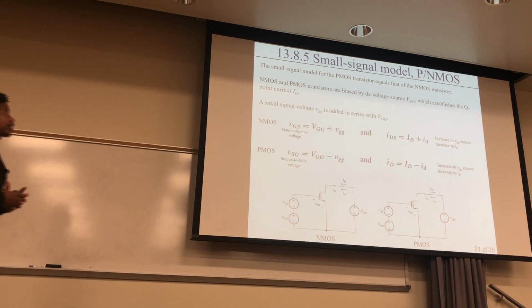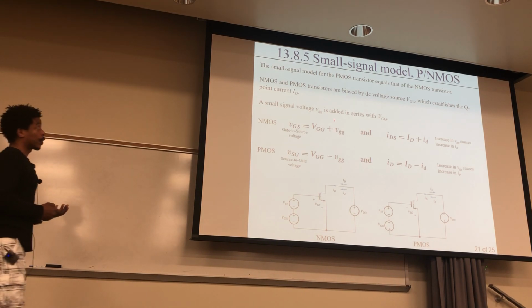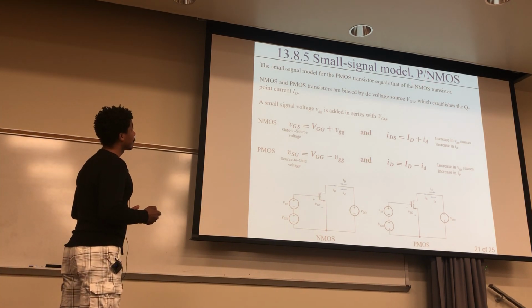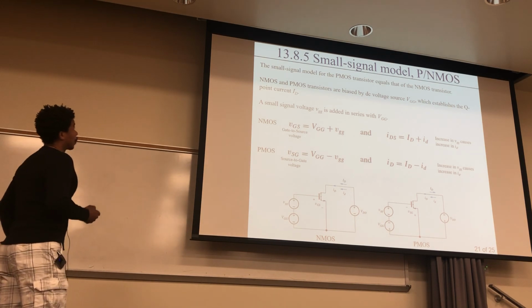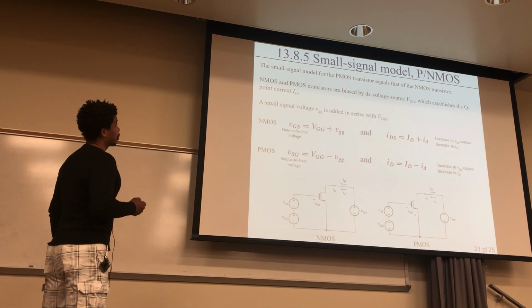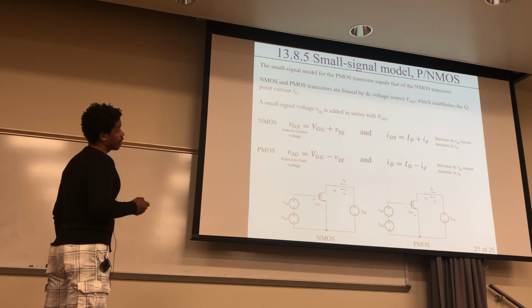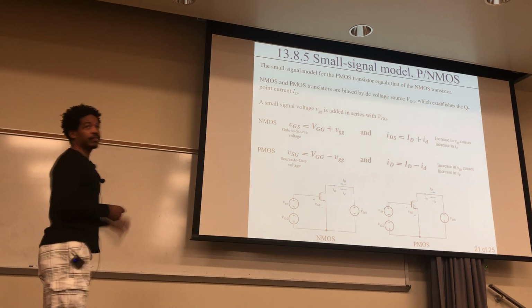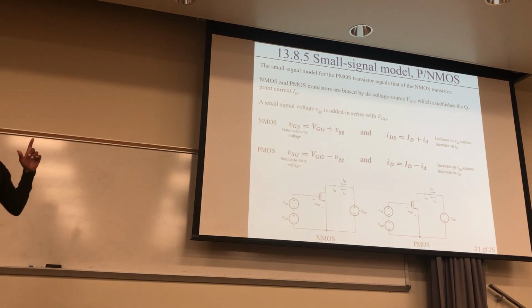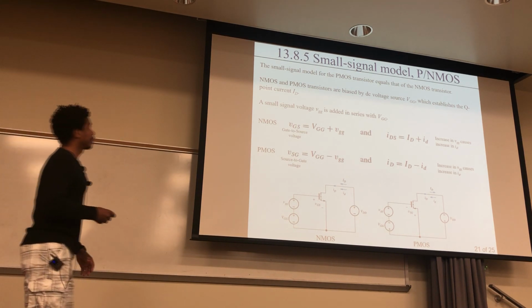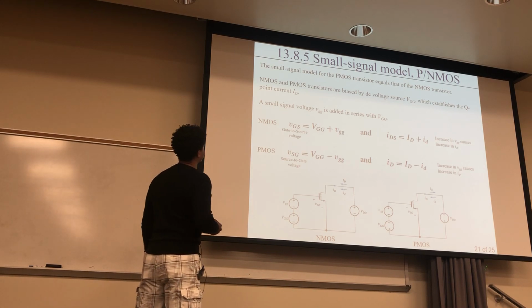Now let's look at the small signal model for the PMOS and the NMOS. The small signal model for the PMOS transistor actually equals that of the NMOS transistor. It is very similar to what we saw last time with the NPN and the PNP. Same kind of idea.